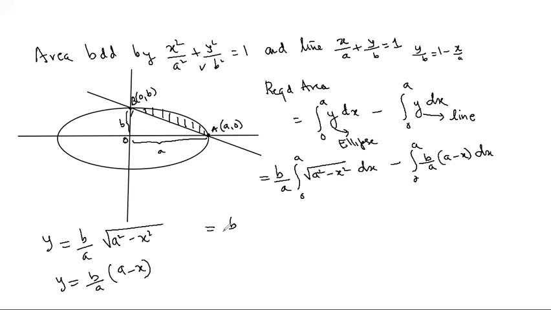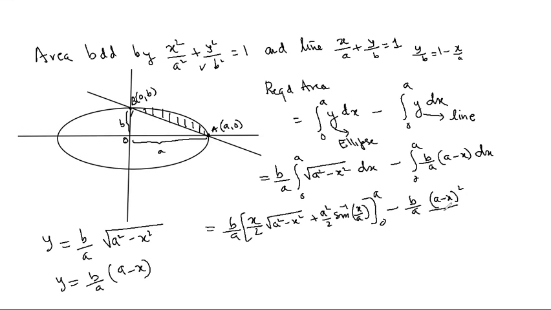Now I'll integrate this. Do you remember the formula? x by 2 root of A square minus x square plus A square by 2 sine inverse x by A. This formula is used only here, frankly speaking, so you are learning this formula only for this purpose. Minus B by A, this I'll integrate directly: (A minus x) whole square by 2, from 0 to A.